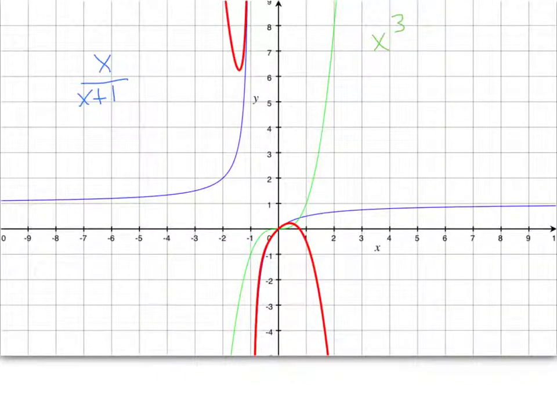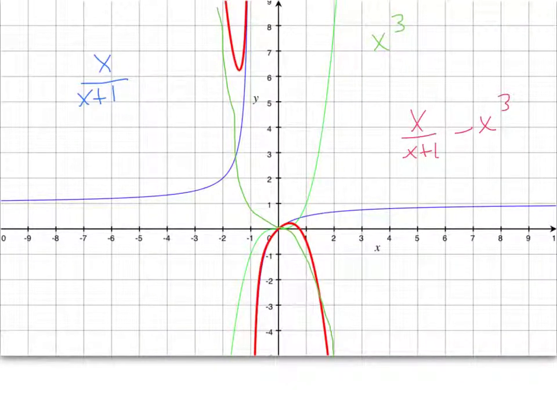So we have x over x plus 1 minus x cubed. We have our x cubed, but it's now flipped over the x-axis. So it should look something like this.